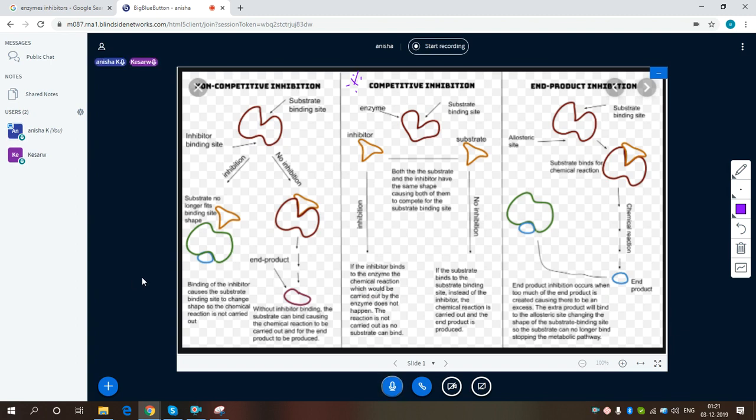Now, non-competitive. We saw here both of them have a similar structure and both had the capability of attaching themselves to the active site. But here, there is a substrate binding site and there is an inhibitor that cannot fit into the enzyme's active site.